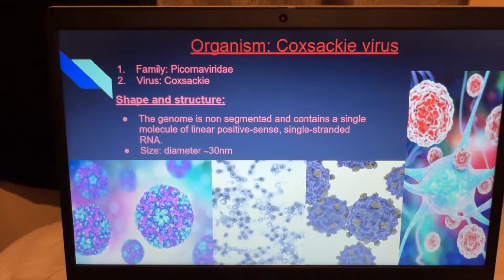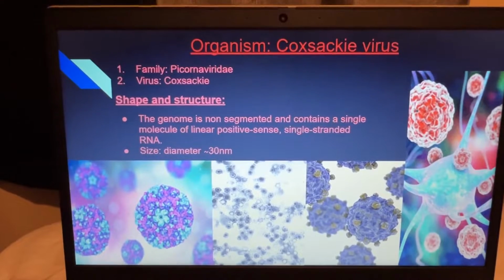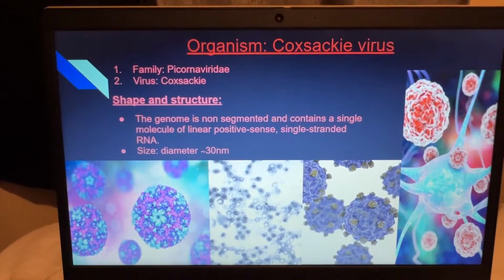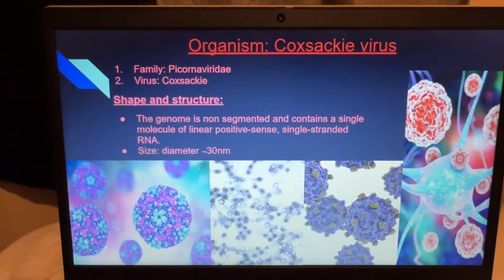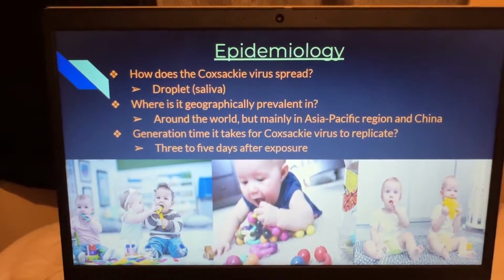The diameter is said to be about 30 nanometers. And if you can see below, this is how they actually look. I'm not sure if you can see it really clearly or if it's too bright.